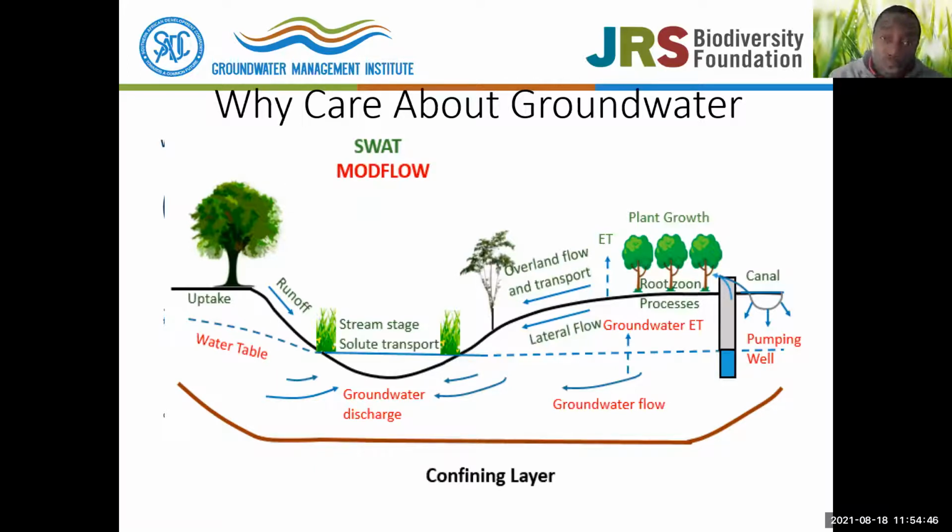And also, while I'm at this slide, it is important to highlight that within the Khakhea Bray transboundary aquifer system, most of the groundwater dependent systems are wetland ponds.